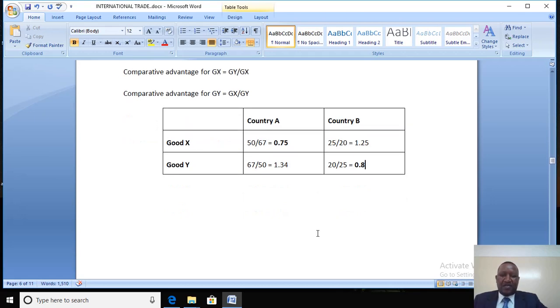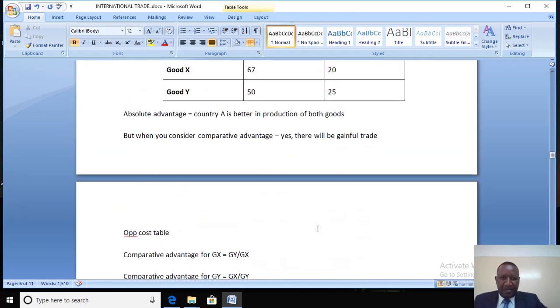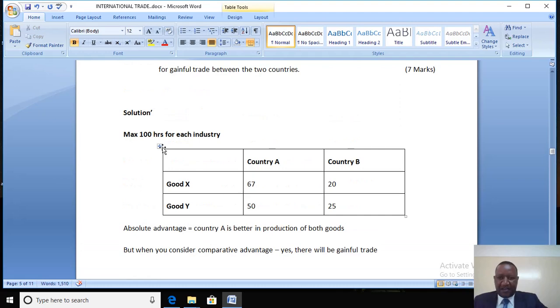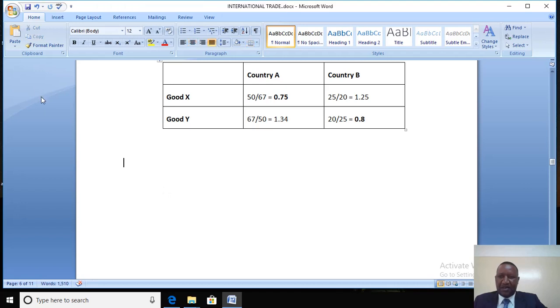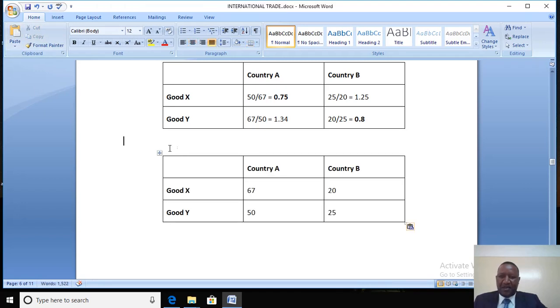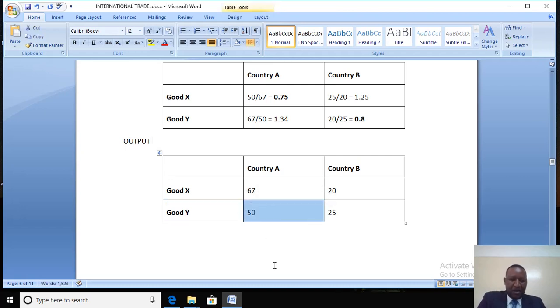Will there be gainful trade? Let's look at that. If the countries are specialized, we get our output table down here. After specialization, what will be the new output? We have noted that country A must specialize in good X, so country A must abandon production of good Y so that they can use all the resources for producing good X, and they will be able to double that production.